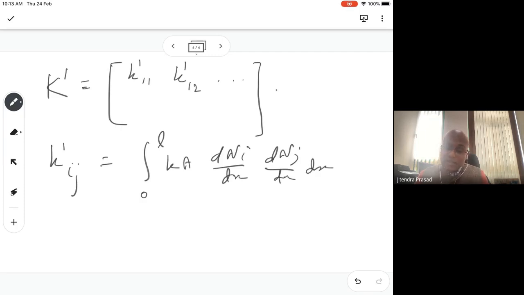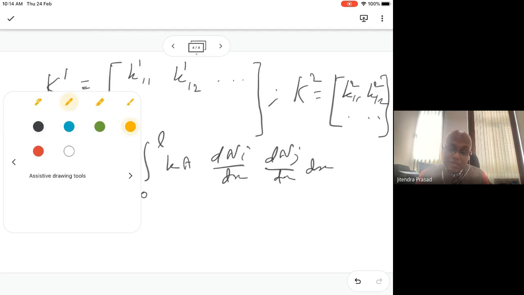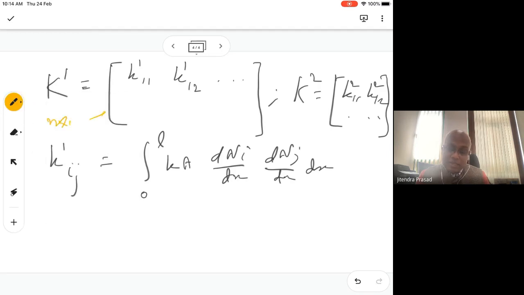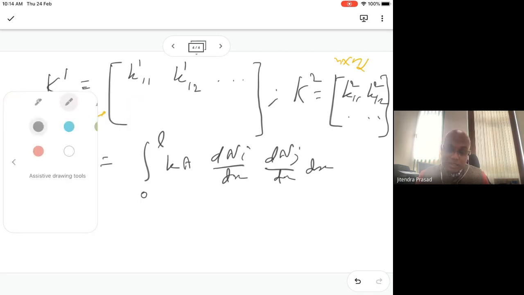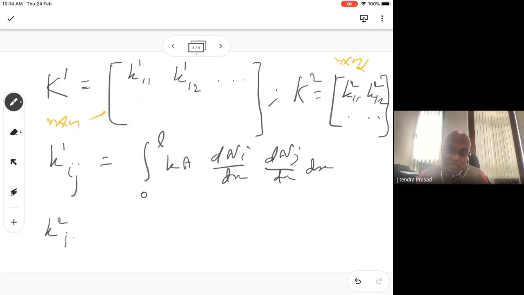Okay. Now, similarly, you can say K2 is equal to K2_11, K2_12, and so on. Yeah. So both will be n by n matrices. This is an n by n matrix.